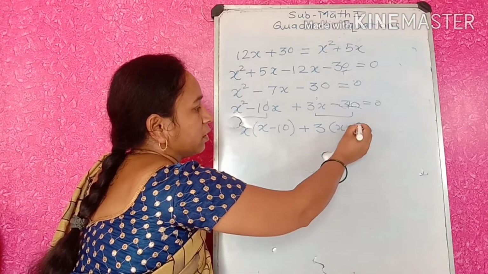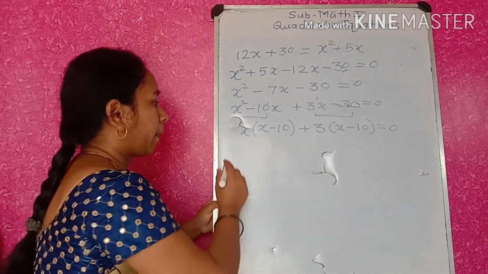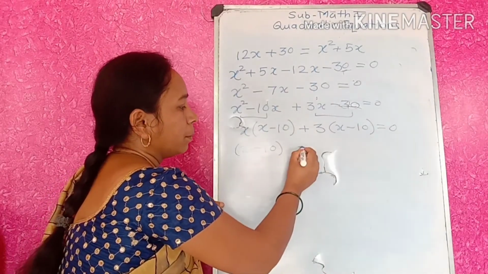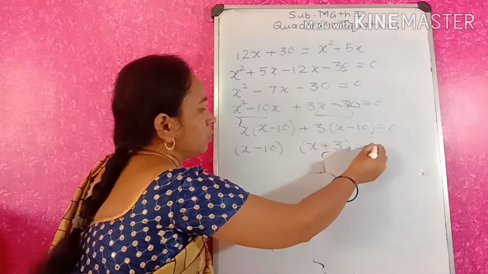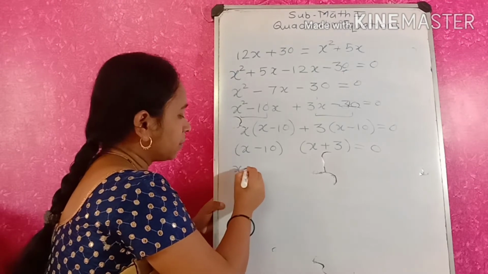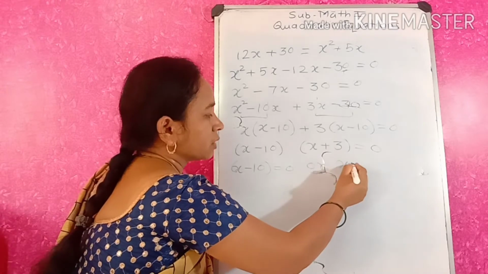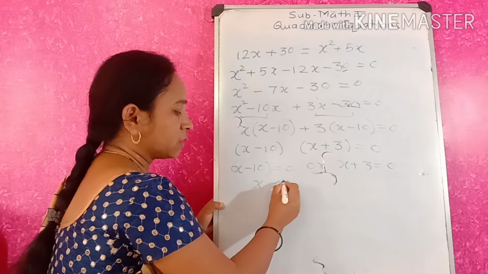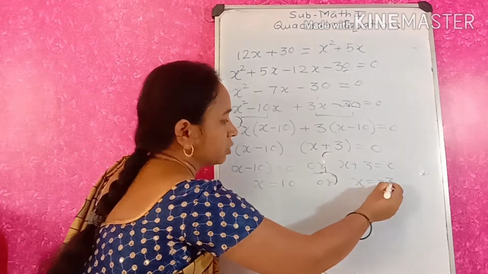So x minus 10 into x plus 3 is equal to 0. Here you will get x minus 10 is equal to 0 or x plus 3 is equal to 0. So x value would be 10 or x is equal to minus 3.